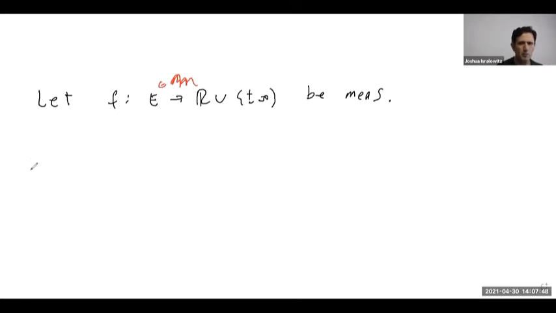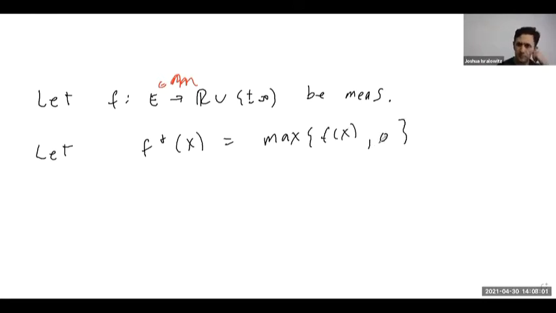Let f plus be the positive part of f, so it's the maximum of f of x and 0. Let's say f minus is the negative part, which is the maximum of minus f of x and 0.